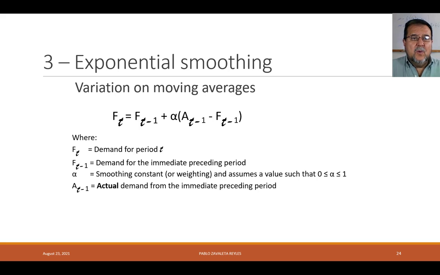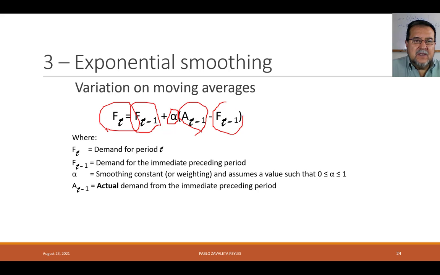We create our forecast for period t by using the forecast that we had for the previous period plus an alpha, which is a smoothing constant, that multiplies this difference that we have between the actual and what we had forecast.